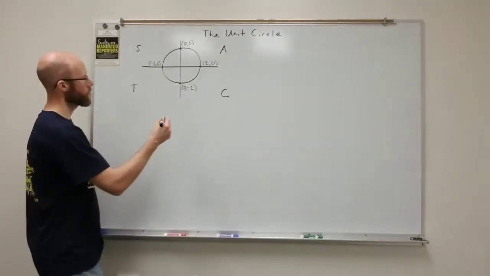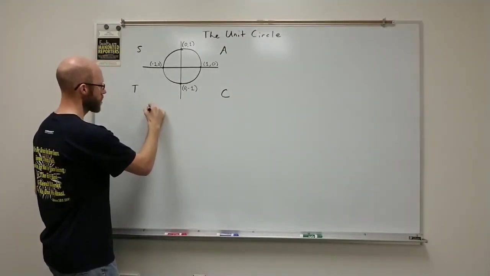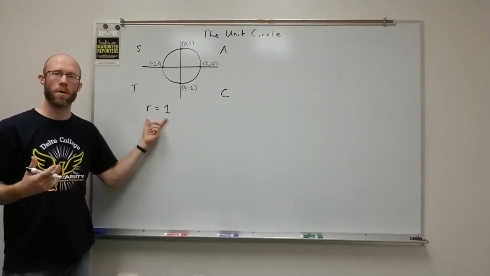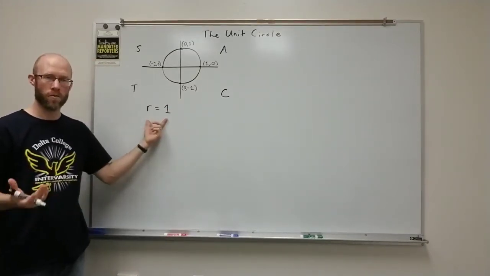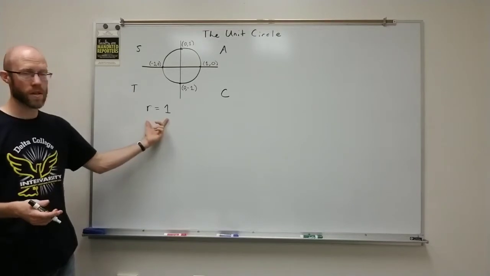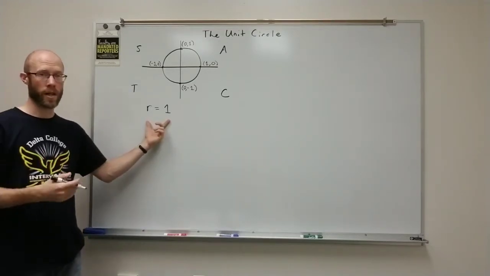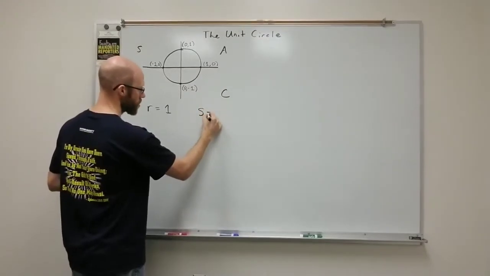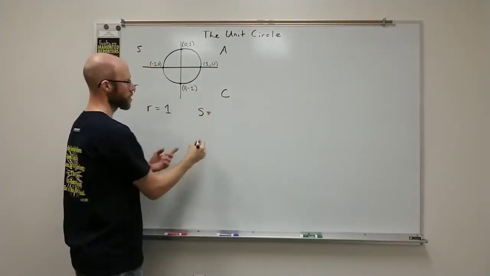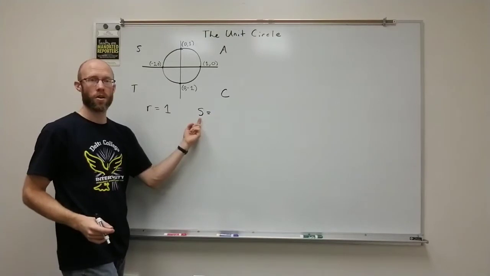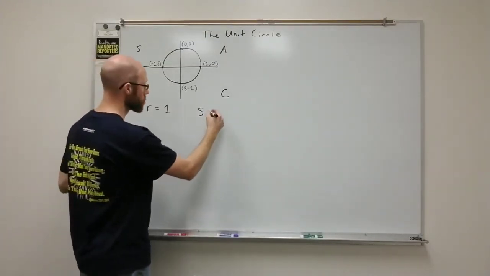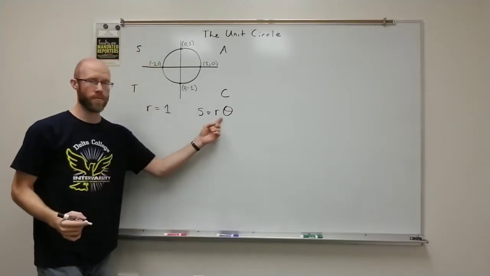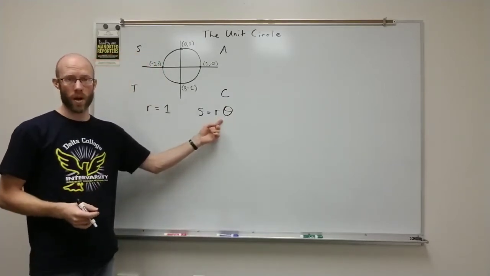Okay, so you have this radius equal to 1. Well, if the radius is equal to 1, remember, we developed a formula previously for the arc length of a circle. It said that the arc length of a sector is equal to the radius times the angle theta, where theta is in radians.